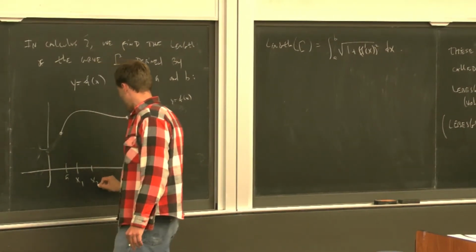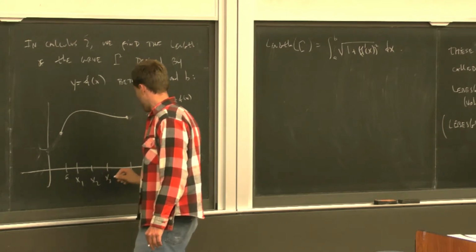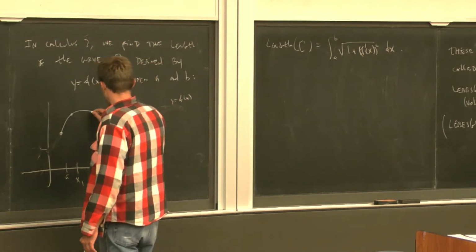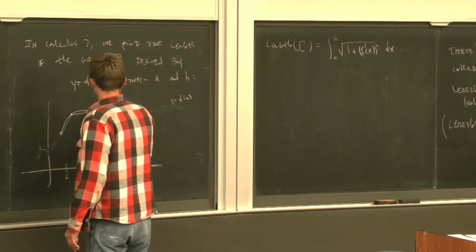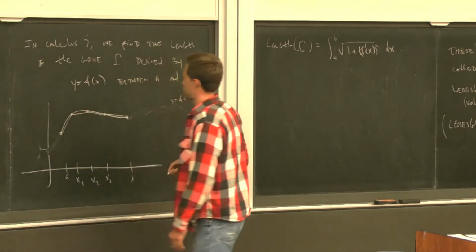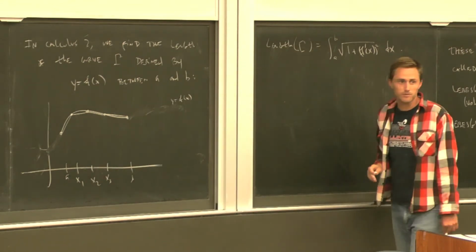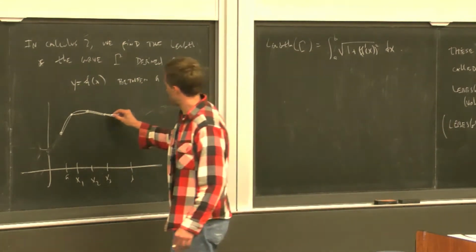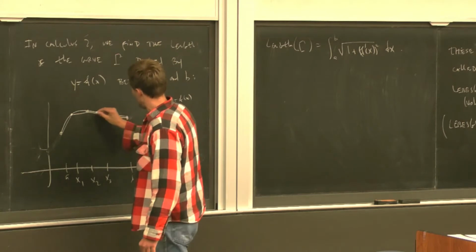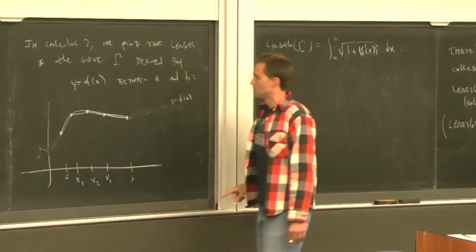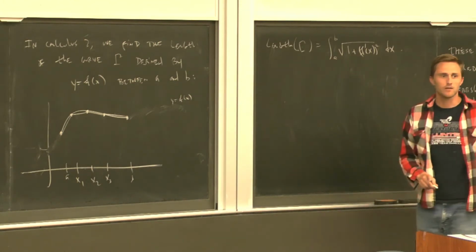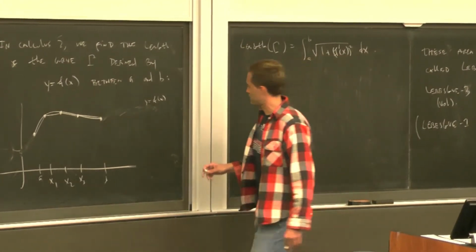We broke up our interval into small sub-intervals, and then we drew lines between those points, and we thought, oh well, this line is probably about as long as the curve is on that interval, but then it gets even better as we shrink the intervals, right?